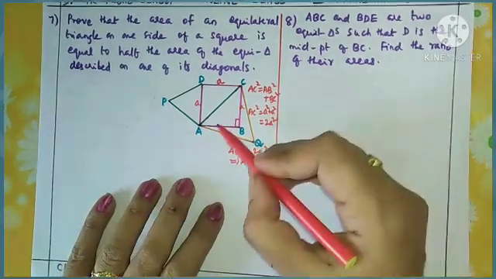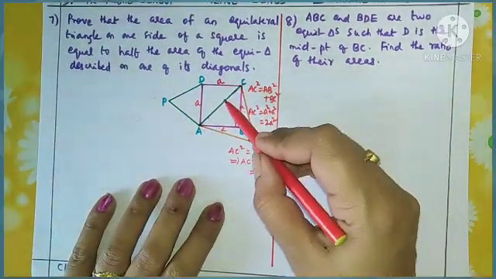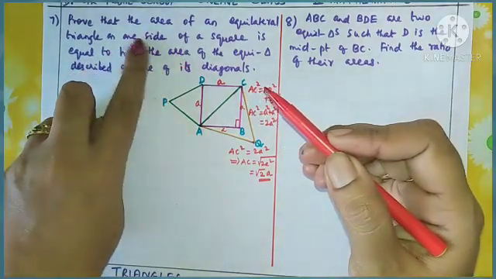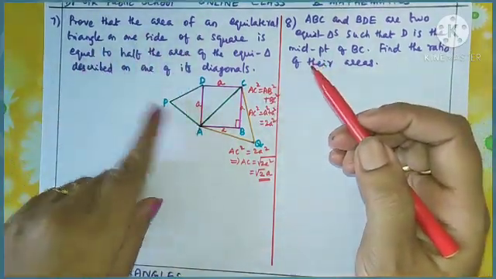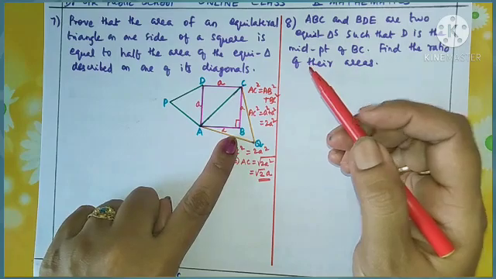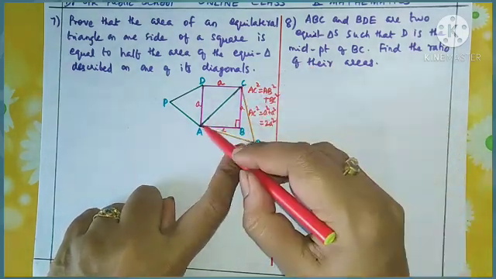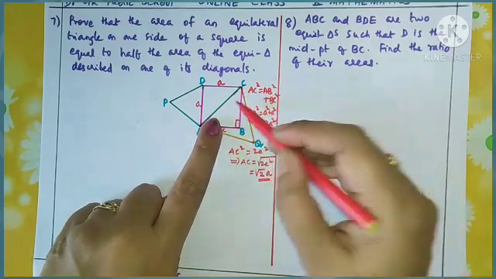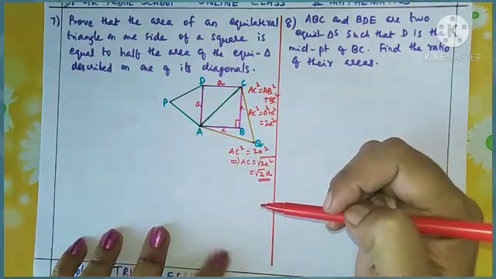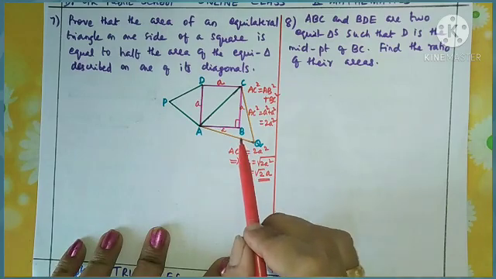So why do we find the length of the hypotenuse here? Because we want the ratio of the areas of two equilateral triangles, and the base of this equilateral triangle is this diagonal. So that diagonal length you are finding by using Pythagoras theorem.